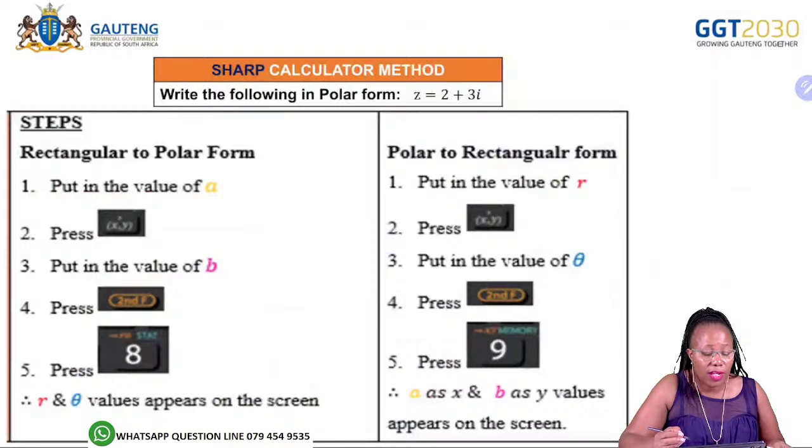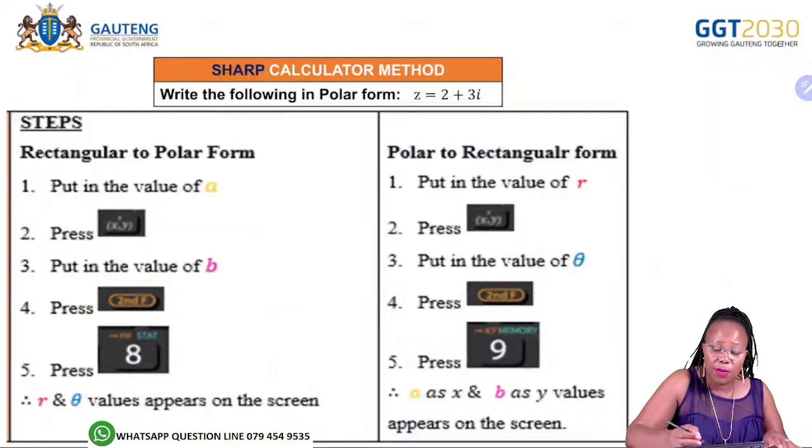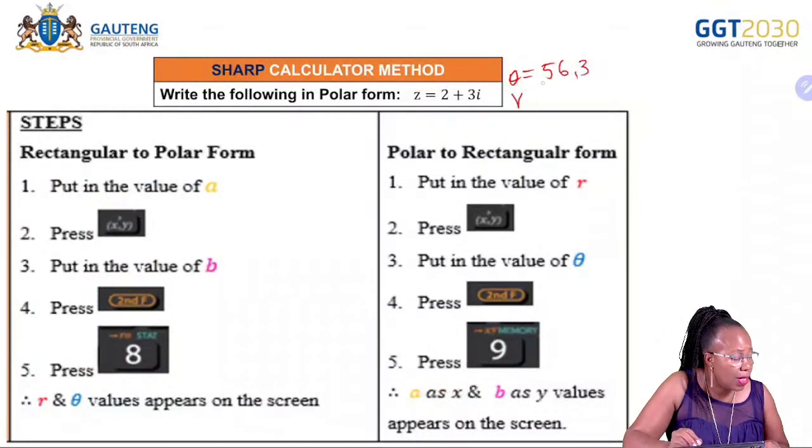Okay, and then grade 12, you can also do this using your calculator now. Remember, we are having Z equal to 2 plus 3i. For that one, we end up with the theta equal to 56,31, and then with the modulus of 3,61.